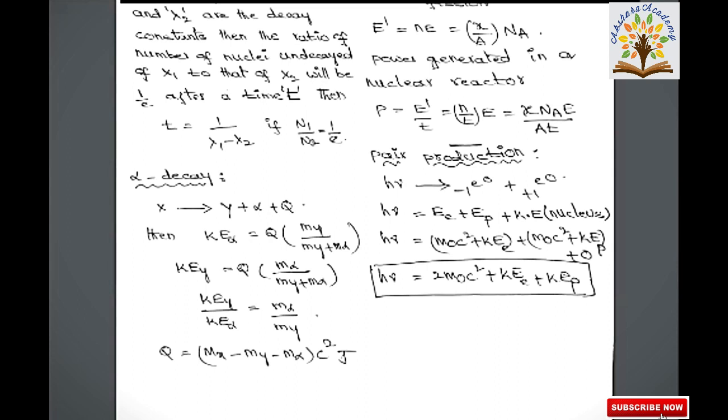Total energy is equal to rest mass energy plus kinetic energy. Here, m naught c square represents the rest mass energy of each electron or positron.